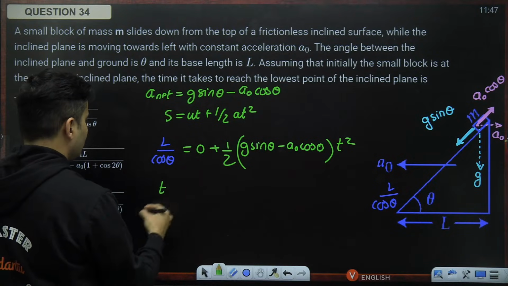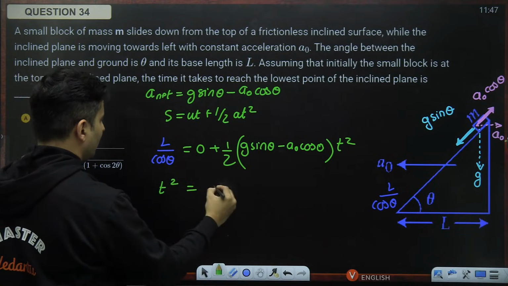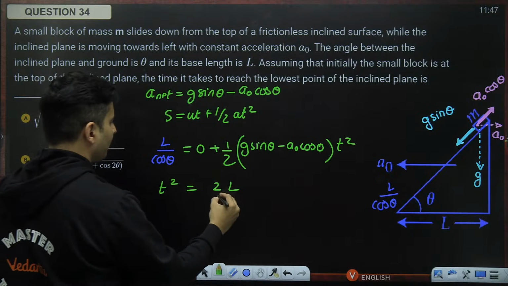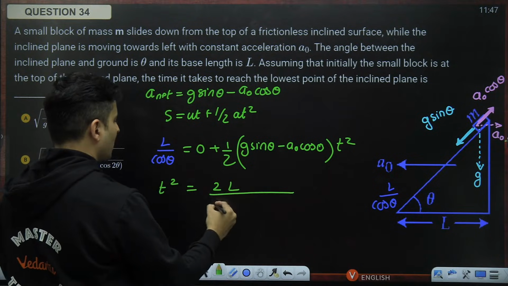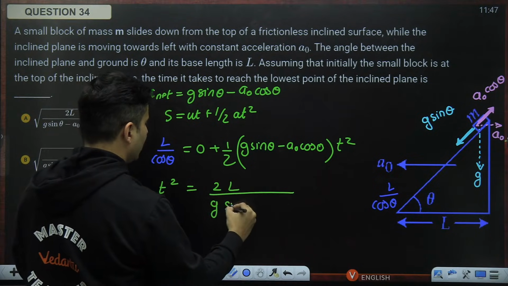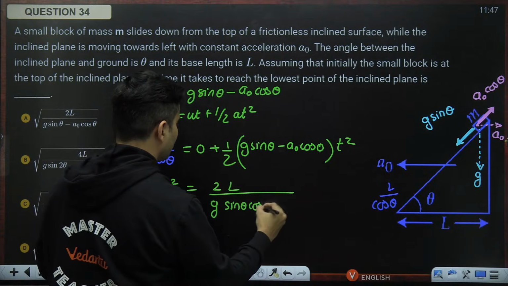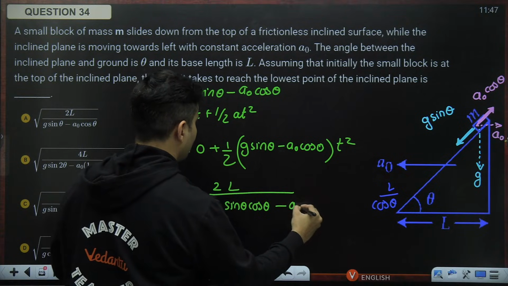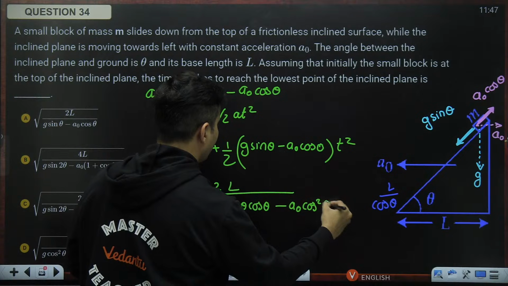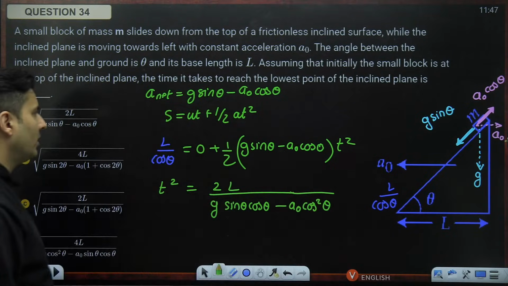So from this you will get t square is equal to 2 times L divided by g sine theta cos theta minus a naught cos square theta. This is what you should get.